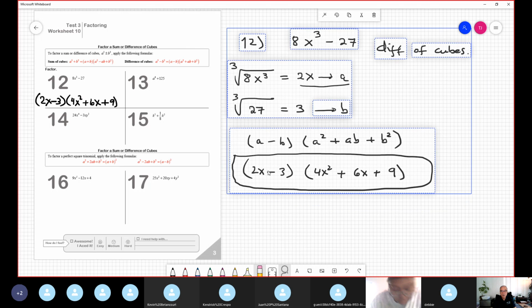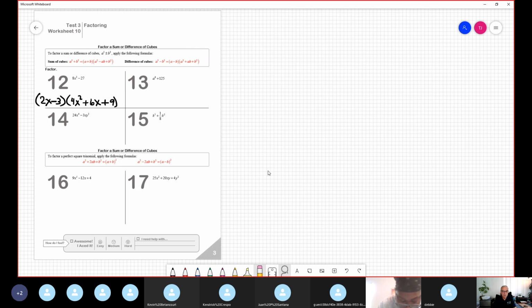Okay. Move on to number 13. 13 is a to the 6th power plus 125. Again, it's a sum of cubes. Remember, any exponent that is a multiple of 3, like a cubed, a to the 6th, a to the 9th, a to the 12th, is considered like a cube. So you find the cubic root of a to the 6th power, which is a squared.